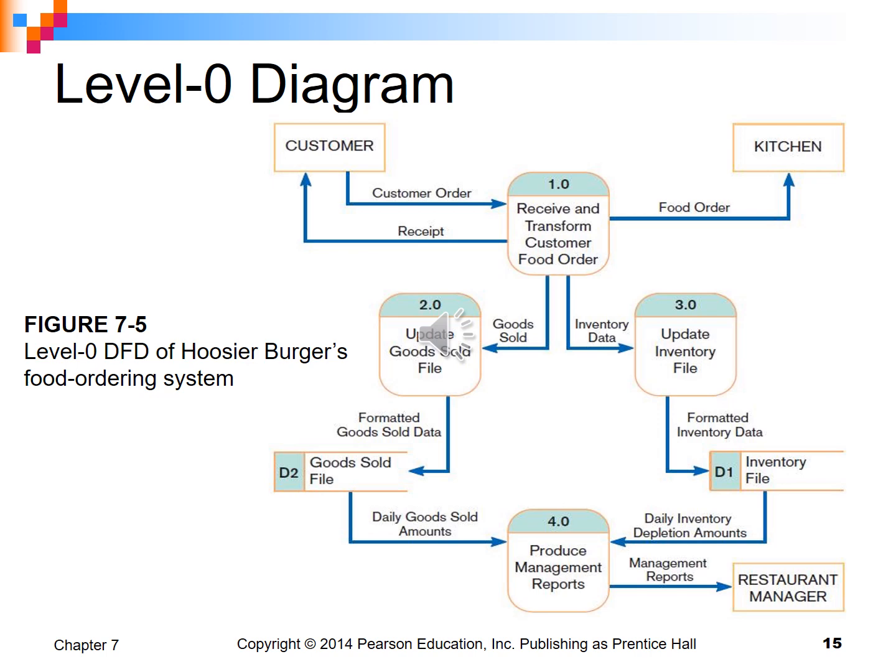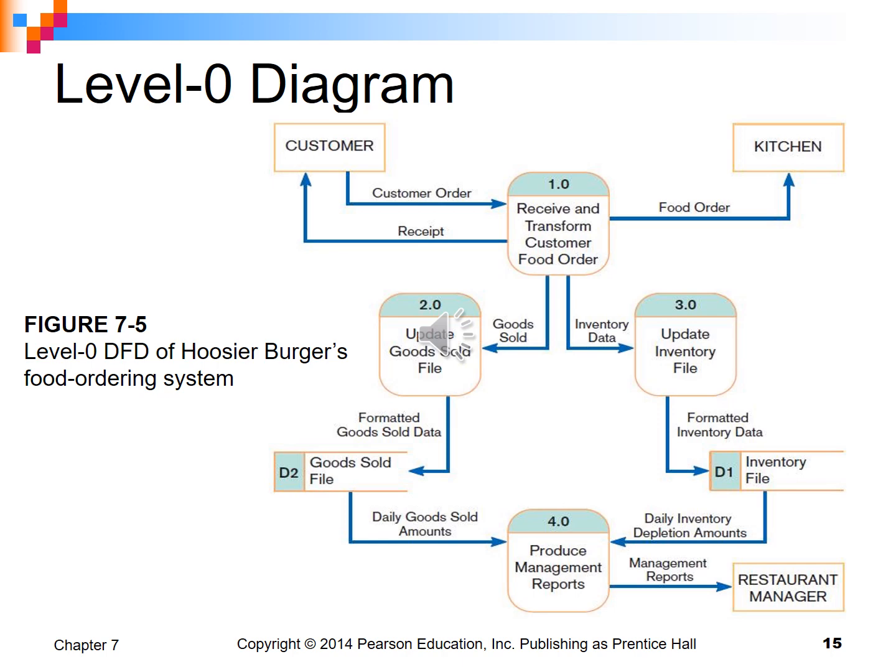And 4.0, produce management report. And we have 2 databases, the goods sold file and the inventory file, D1 and D2. Now, 1.0, 2.0, 3.0, 4.0, D1, D2, those are the decomposition of the food ordering system, the one we saw in the context diagram. We said it is balanced, so everything is okay.